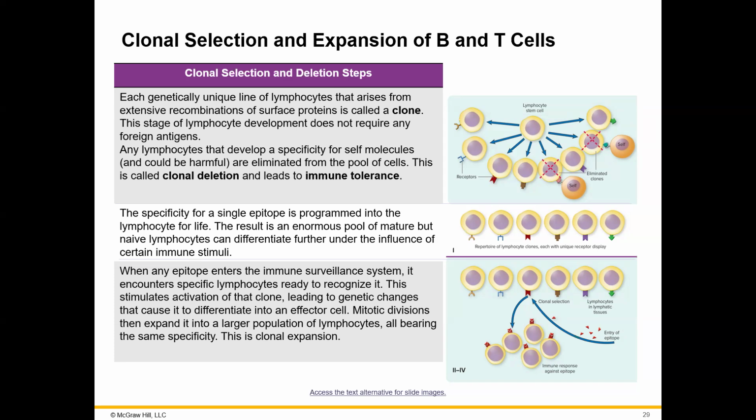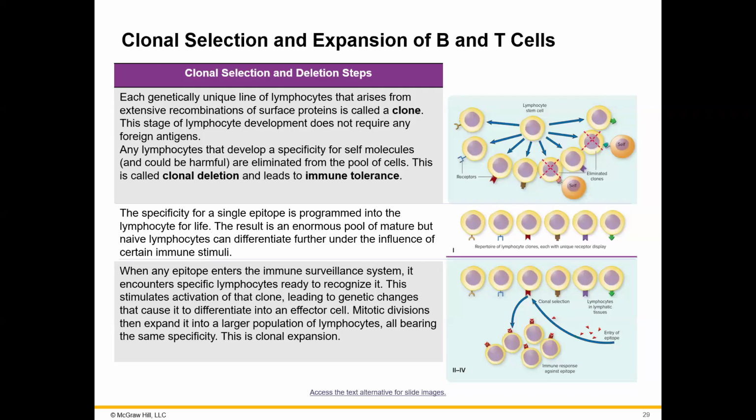So in a healthy condition, these clones are destroyed during development itself, and that is called clonal deletion. The removal of these potentially harmful clones is the basis of immune tolerance, or tolerance to self.